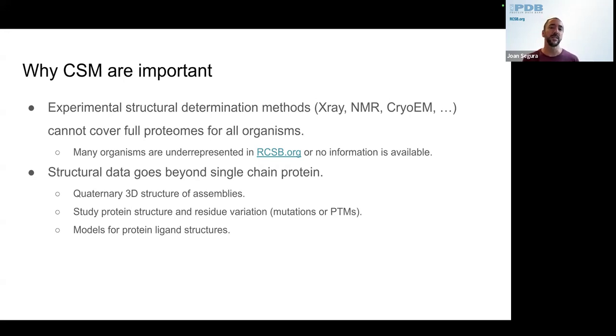Also, if we go one step further, and instead of thinking only of single protein chain structures, we consider structures for protein assemblies or complexes, structures with mutated residues, or that include post-translational modifications or protein-ligand interactions, the structural information grows exponentially.